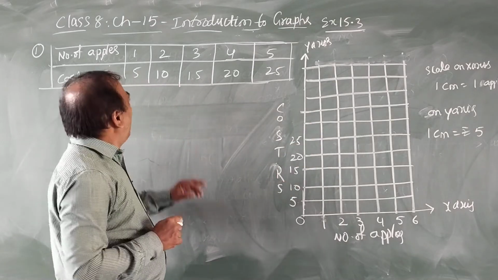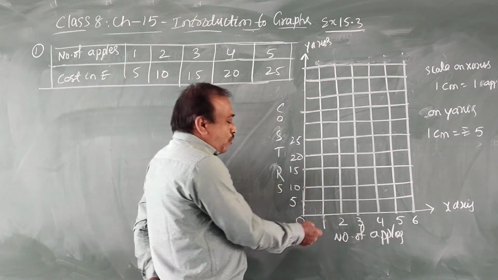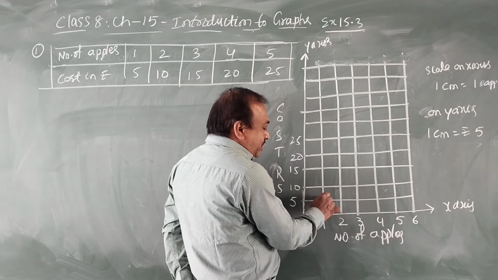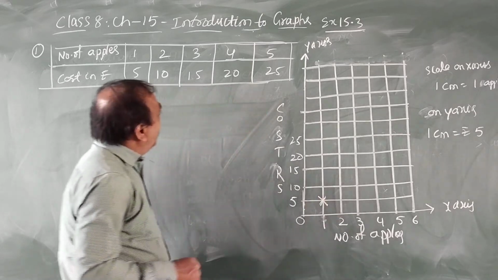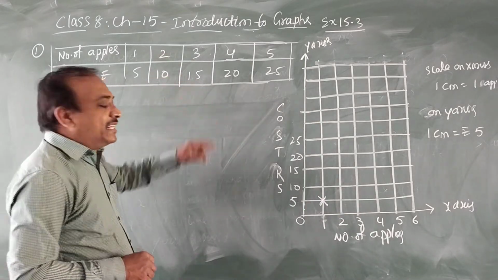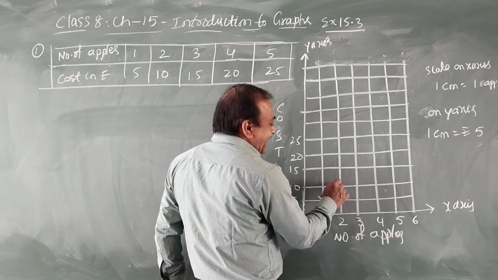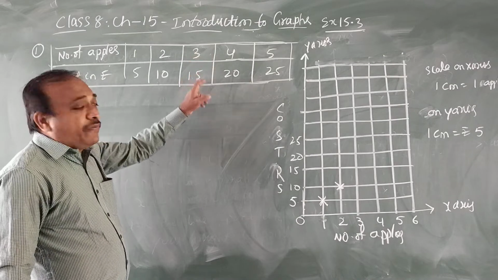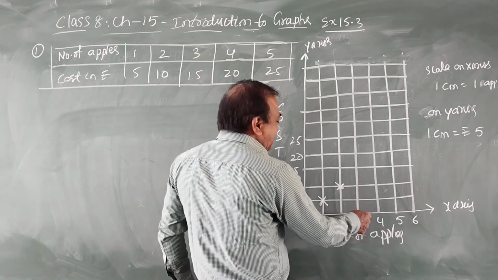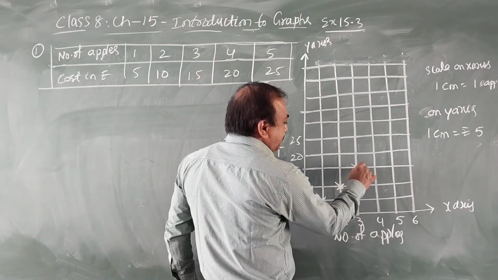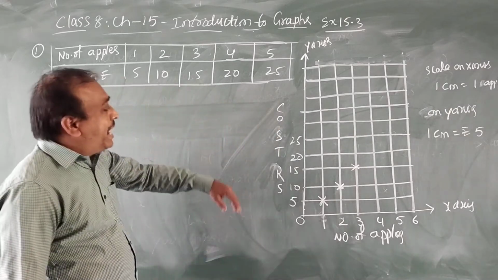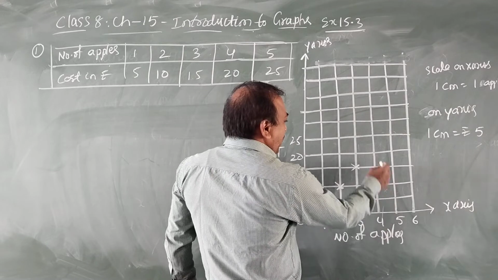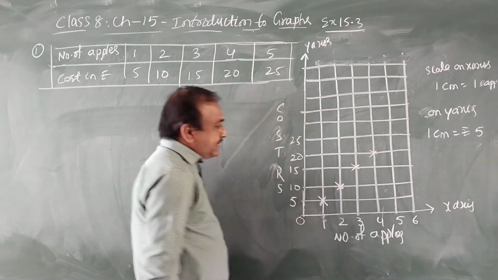Observe now: 1 apple costs 5 rupees, so the coordinates are (1, 5). Then 2 apples and 10 rupees: (2, 10). 3 apples, 15 rupees: (3, 15). 4 apples, 20 rupees: (4, 20).